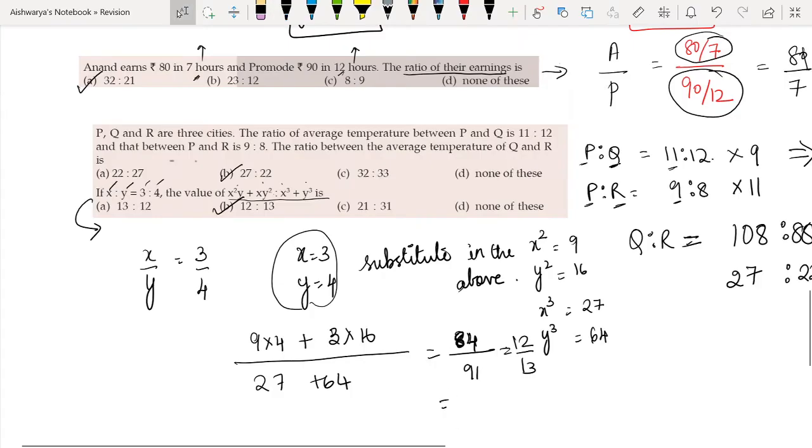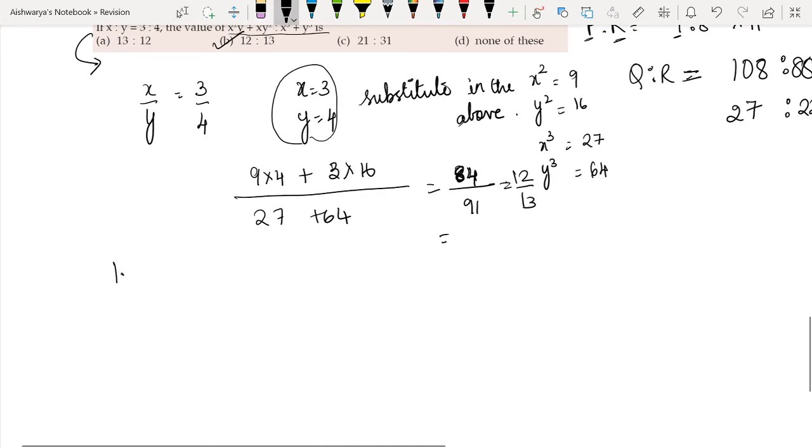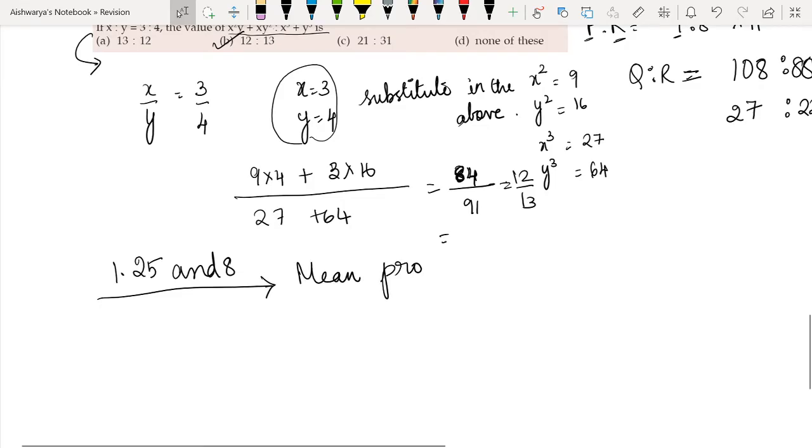The question is asking you to find the mean proportional. Whatever sums we are solving now, I will also circulate to you in the form of a PDF, so don't worry about having or writing down the questions. You can just observe now, and I'll be typing it and giving it to you.